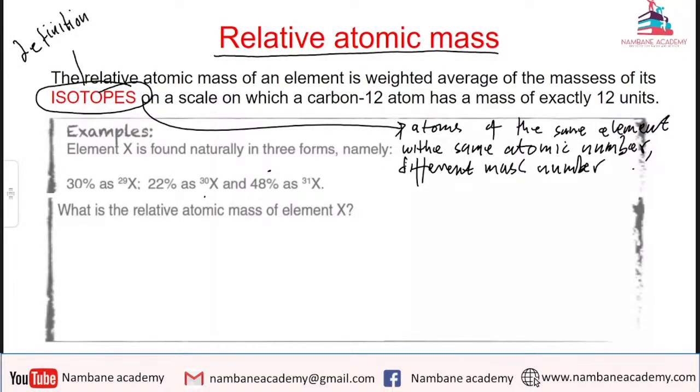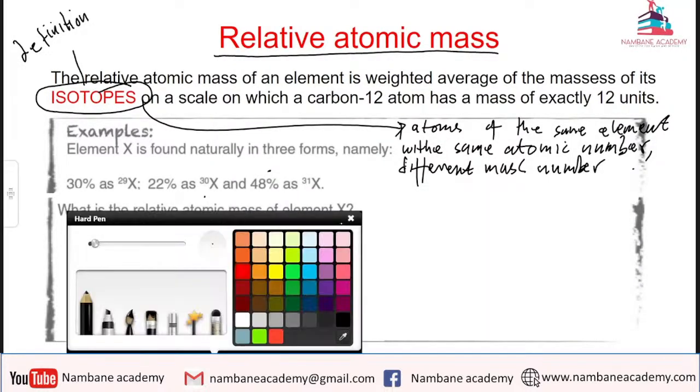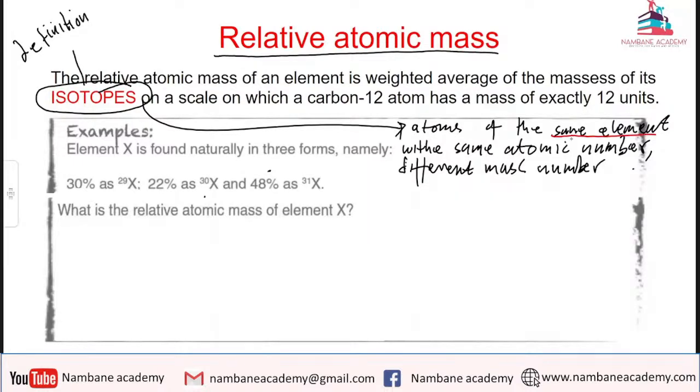Now, this tells us that for us to actually know the actual relative atomic mass, we need to have a weighted average of the mass. What is the weighted average? An example here says element X is found naturally in 3 forms, namely 30% as 29X, 22% as 30X, and then 48% as 31X.